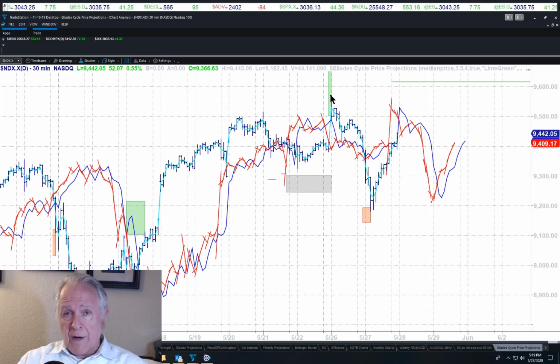So if you start looking for pullbacks, you look for pullbacks within the picture of there being much higher projections outstanding. The only time that changes is if you start to get significant downside projections or if you invalidate the significantly higher upside projections. I don't want to make that sound too complicated. It's not. It's not complicated at all.